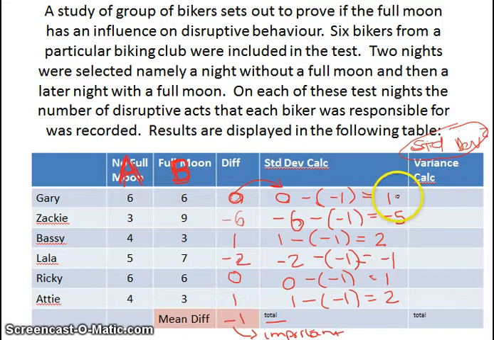So when we have a look at each of these individual values, 1 squared is obviously 1. Minus 5 squared is 25. 2 squared is 4. Minus 1 squared is 1. 1 squared is 1. And then the answer to 2 squared is 4.